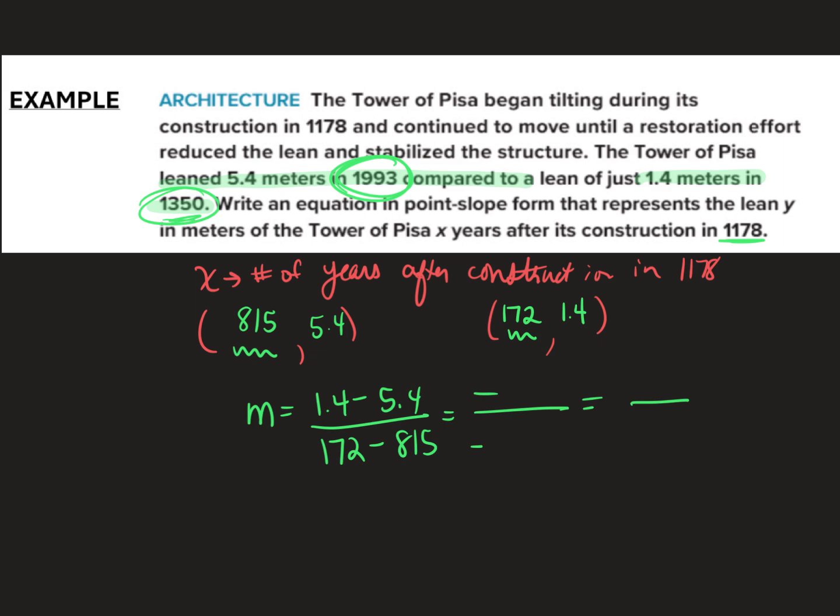And that answer will actually round to the nearest hundredth. So I'm going to subtract 1.4 and 5.4. I believe that's -3. -4. Oopsie. Good thing I looked that up.